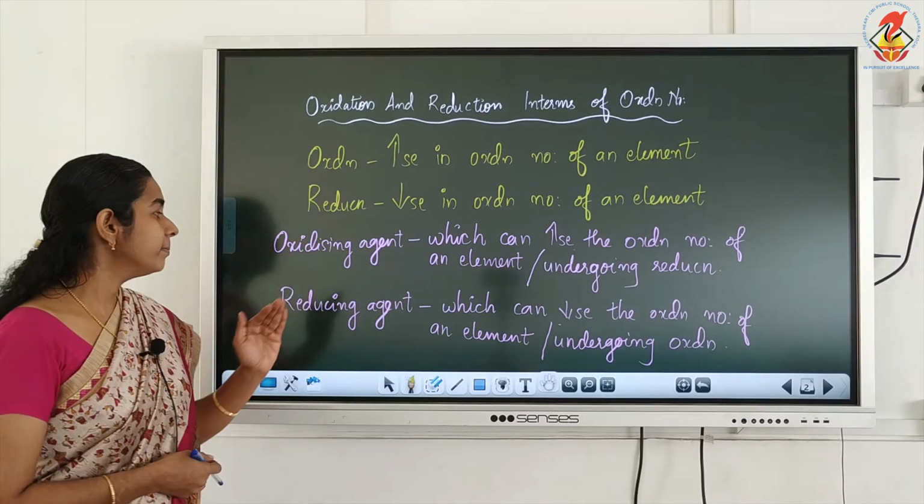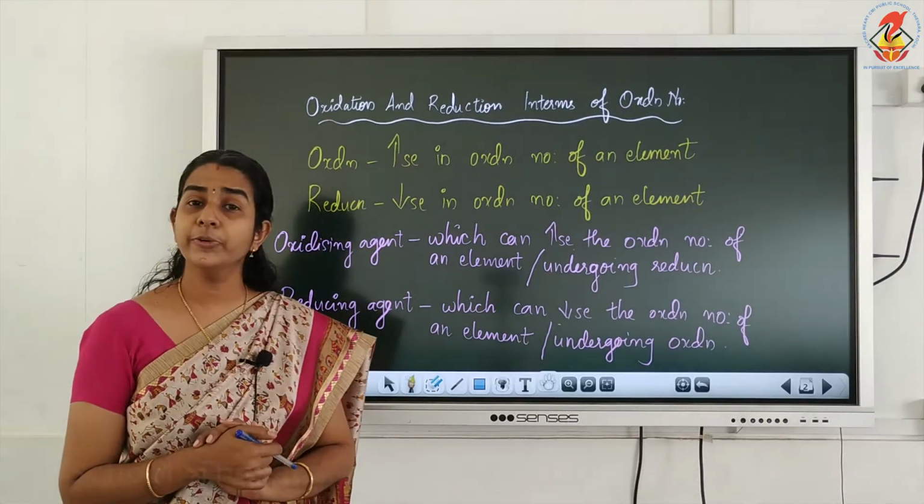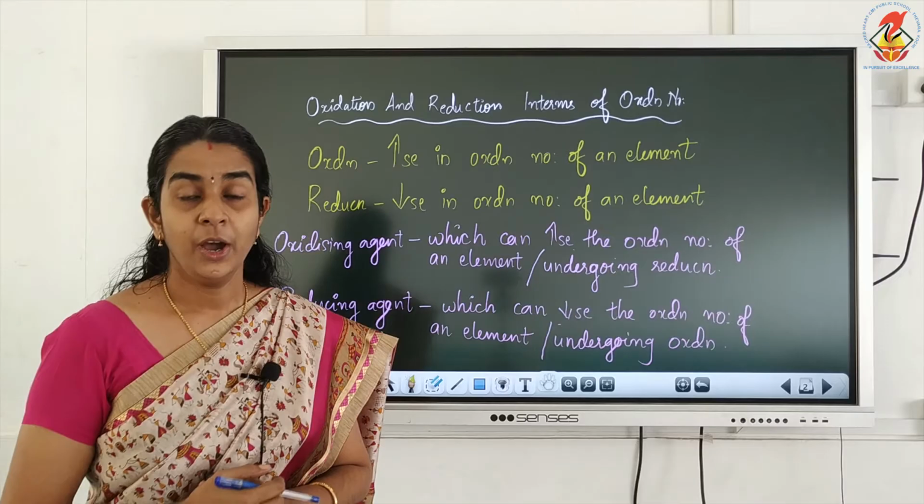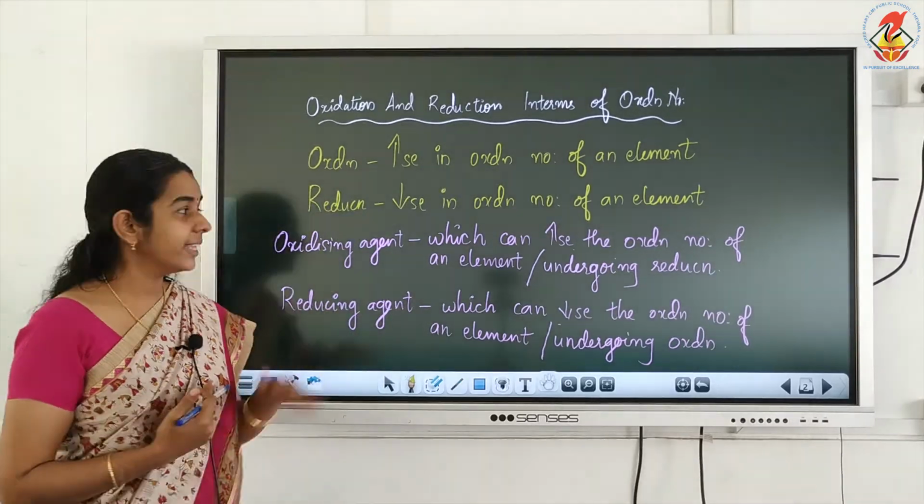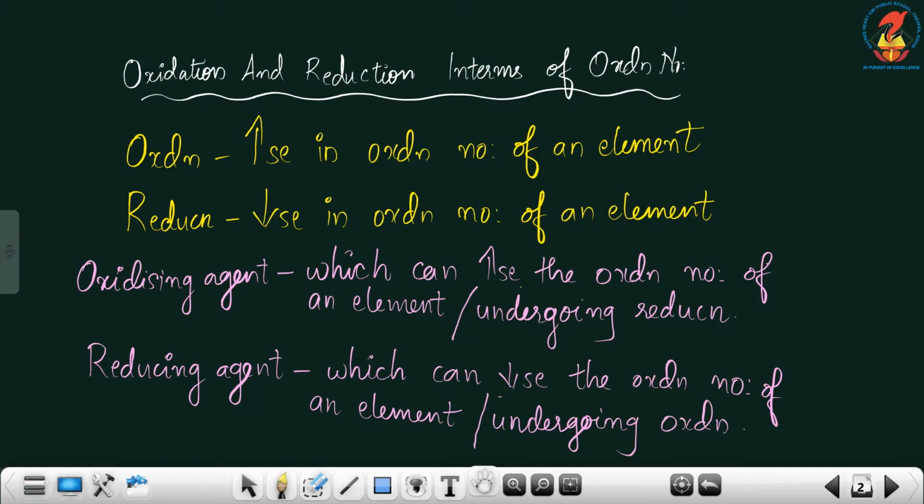Now, what is meant by an oxidizing agent or reducing agent? That also we know. Oxidizing agents are the species which can oxidize other substances or other elements, and they themselves undergo reduction.